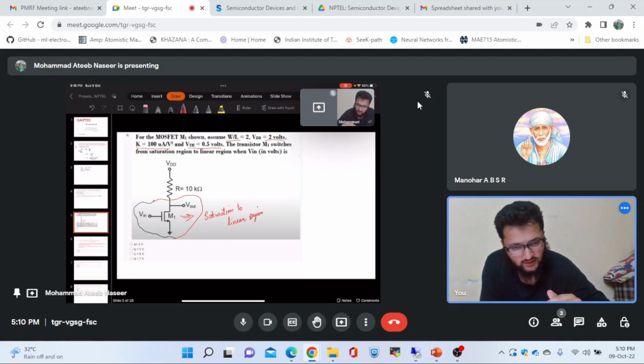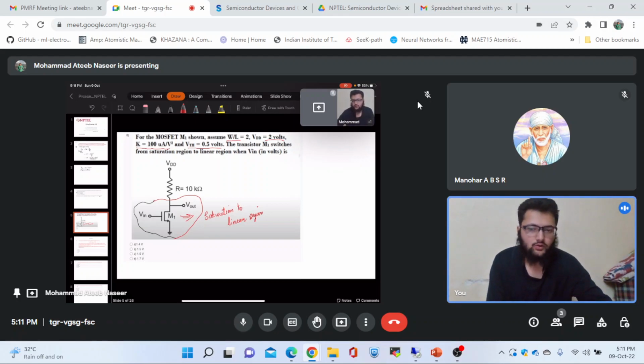Whether a MOSFET is in saturation or in linear region depends on the voltages that are being applied to its drain to source and gate to source. And obviously, for a particular threshold voltage, it will depend on the gate to source and drain to source voltages. Obviously, it will depend on the threshold voltage as well, but here I am talking about the particular threshold voltage.